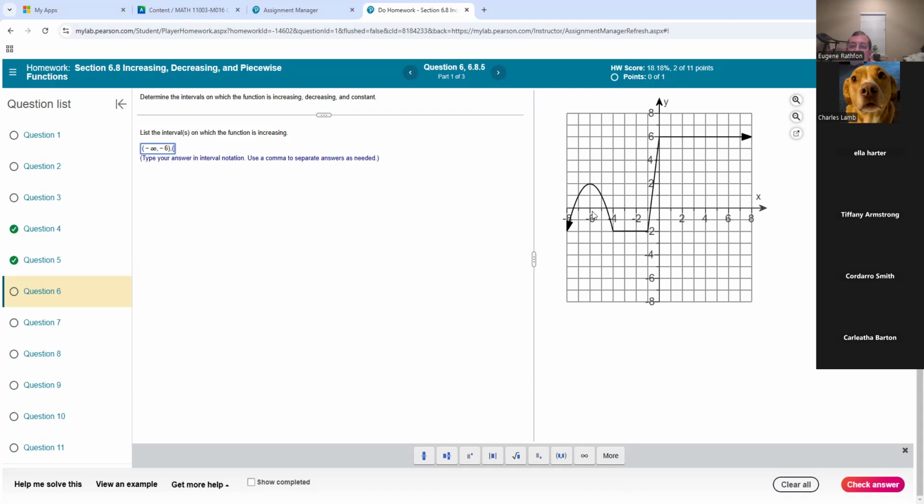This second part over here is going uphill. So you're going uphill, downhill, constant, and then you're increasing again. That real steep line, where does it start going uphill? Okay, let's see what you got. -1, good job. It starts at -1. And then where does it stop increasing?